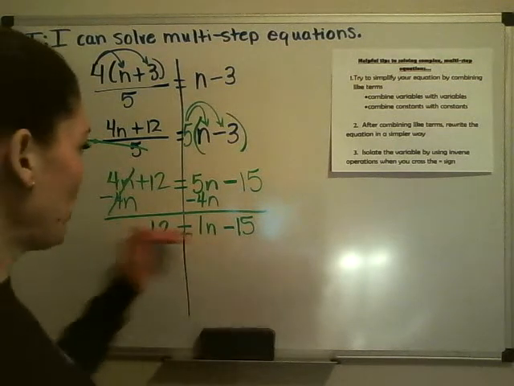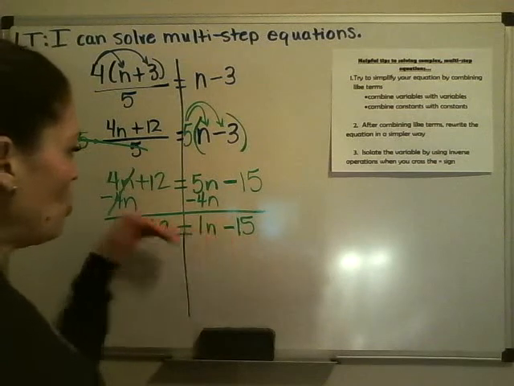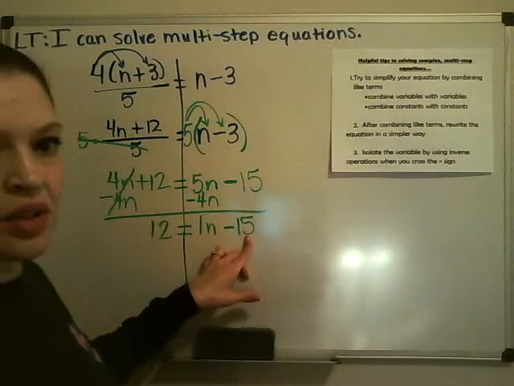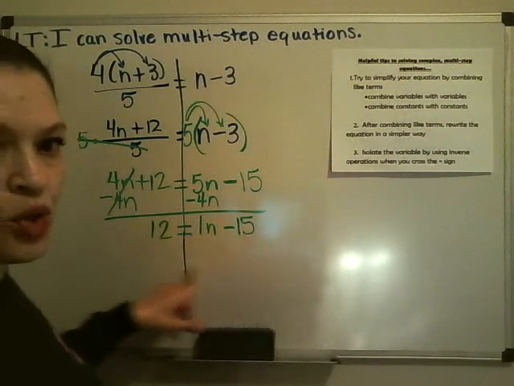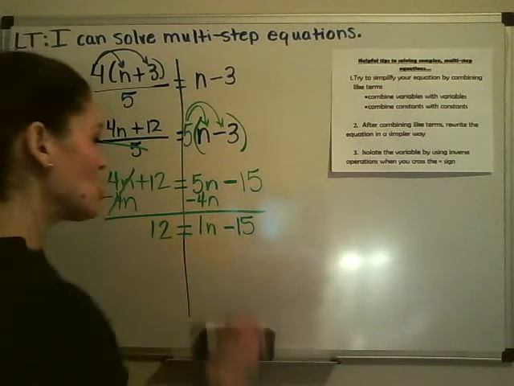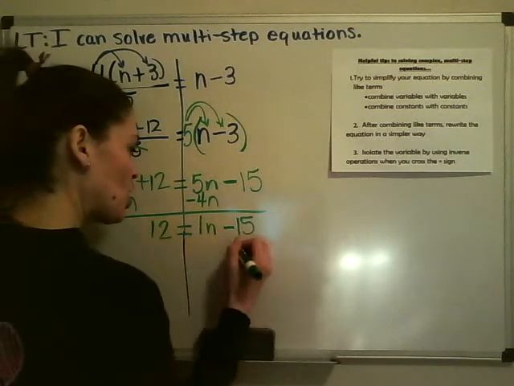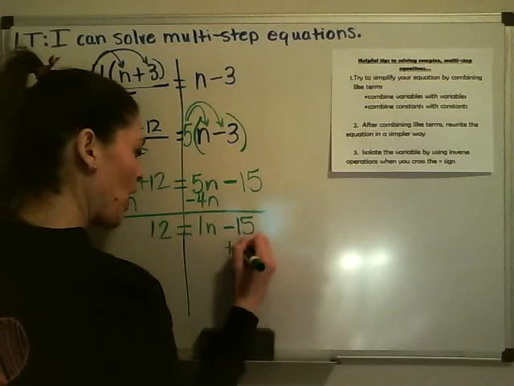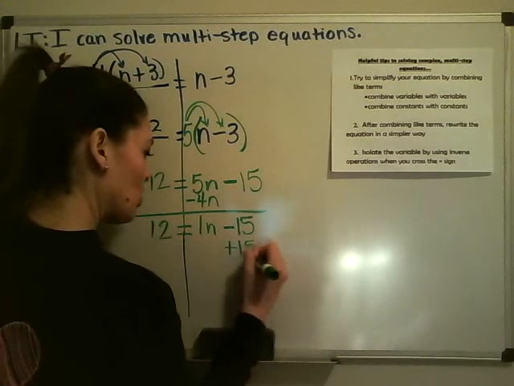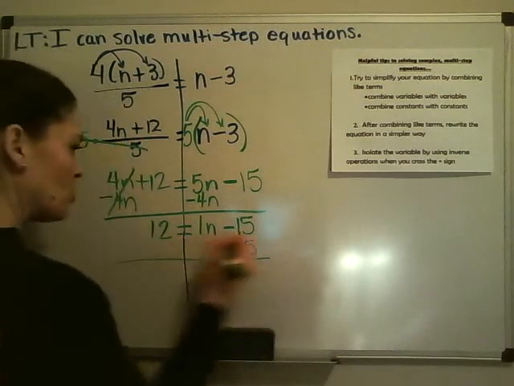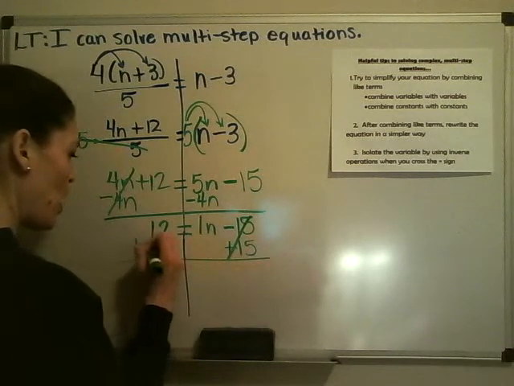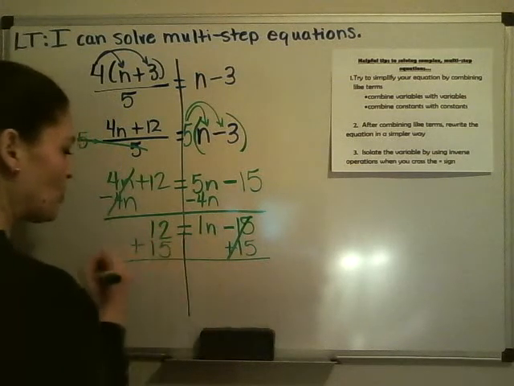Okay, now you have a two-step equation. So that 15 needs to be moved to this side. So because it's minus 15, we're going to add 15, cancel, add 15.